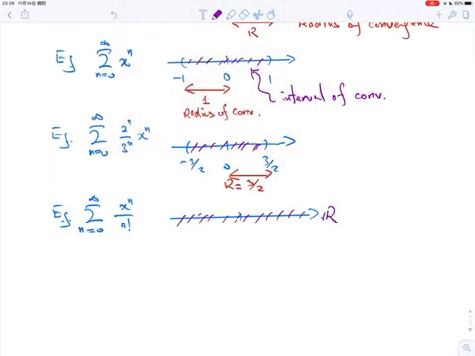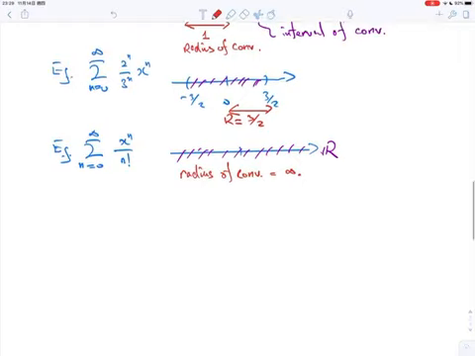So this is actually the whole real axis, R, and the radius of convergence is going to be infinite, because there's no bound. So we simply call the radius of convergence infinite. So this is quite important.